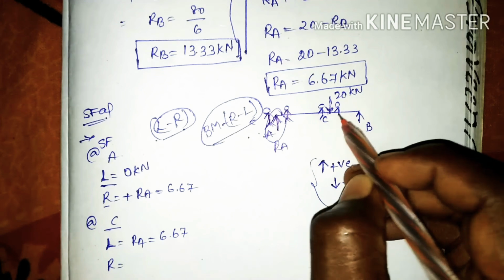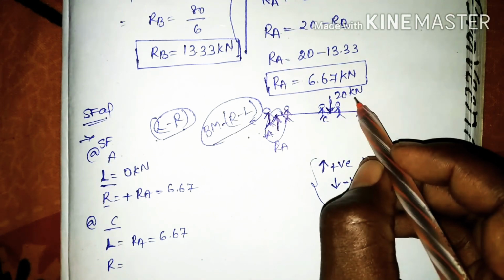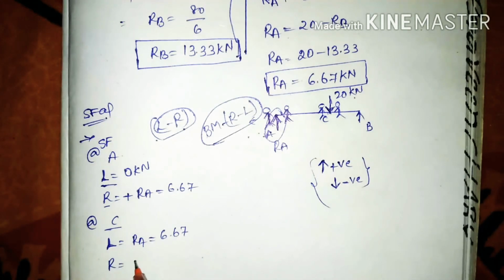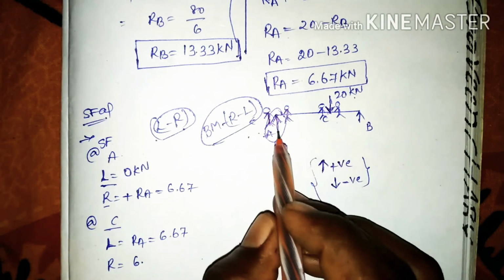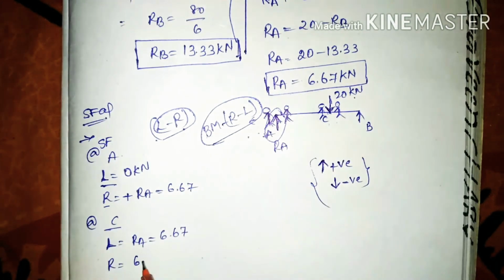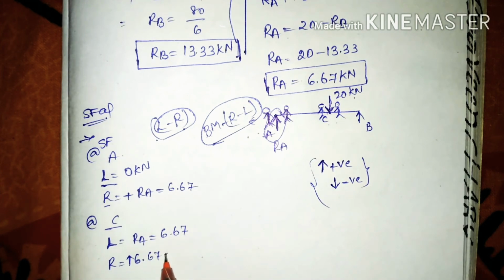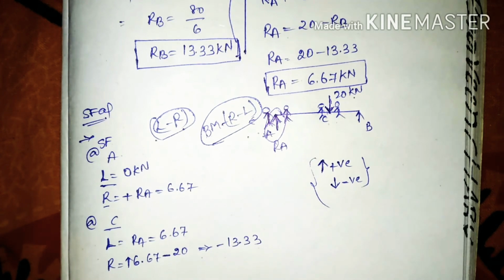Just right to the C, a load of 20 kilonewton acts on the beam, so from left to right, from A to C, I have 6.67 in the upward direction, positive, and a point load of 20, which gives minus 13.33.